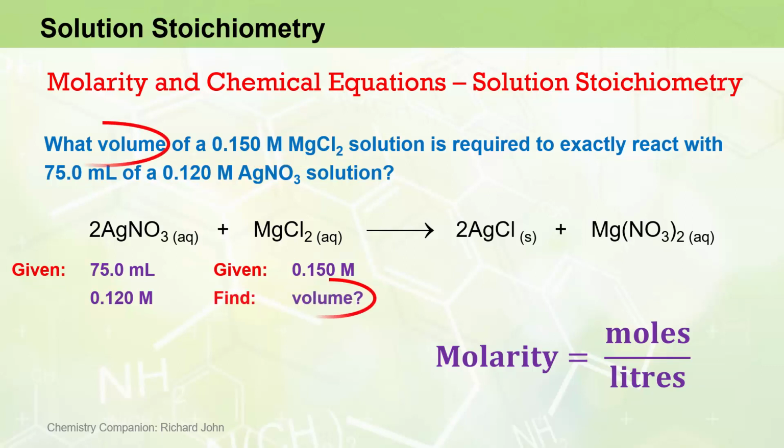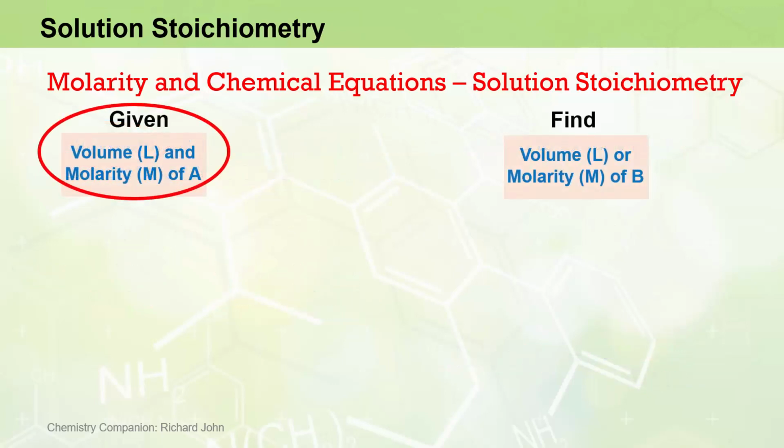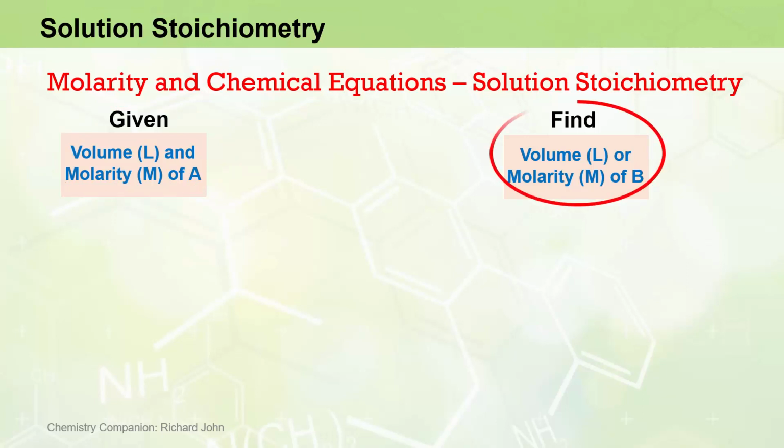And we've been asked to find what volume of that solution we require to react exactly with the silver nitrate solution. So, in other words, we've been given information about the volume and molarity of one aqueous solution, solution A, and in this particular scenario, we've been asked to find the volume of another aqueous solution, solution B. In other scenarios, we may be asked to find its concentration rather than the volume.